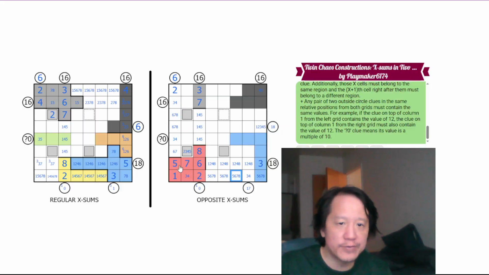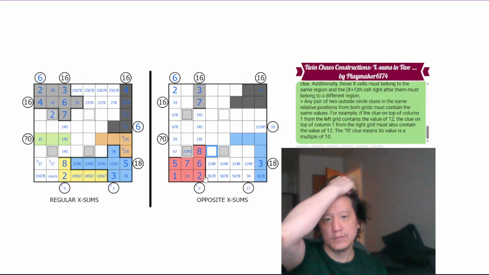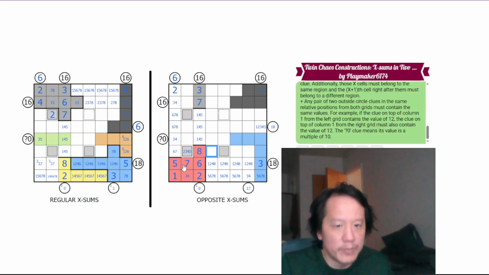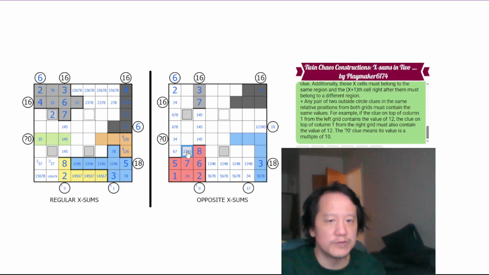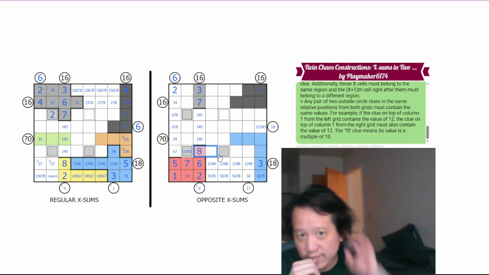We need a 3 or a 4 to be part of this red region, so this can't be here. So either this is part of it or this is part of it. So one of these is the other 3, 4. We don't know which, though. If it goes here, it must be 3, but it could extend here. So that's fine.